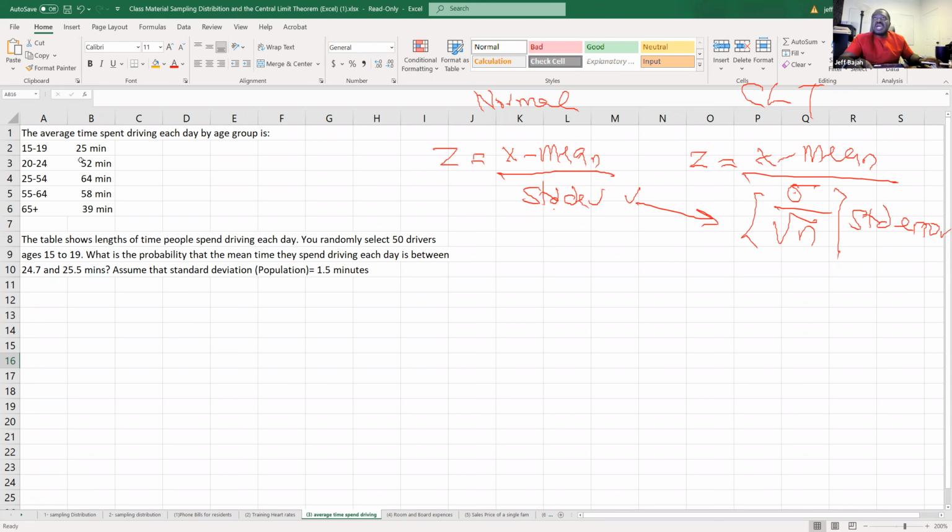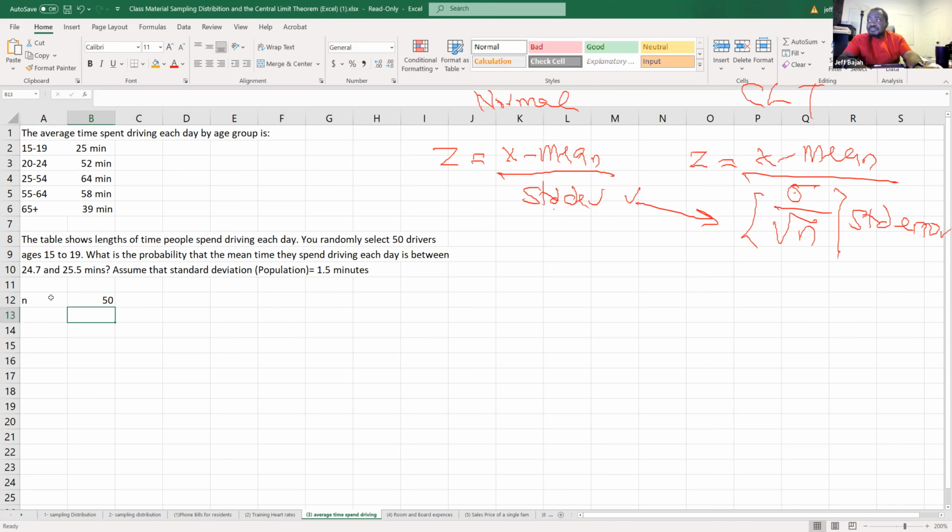All right, now let's solve this question. We're told the table shows the average length of time people spend driving each day, for each group. We're told that you randomly select 50 drivers, so n is equal to 50.